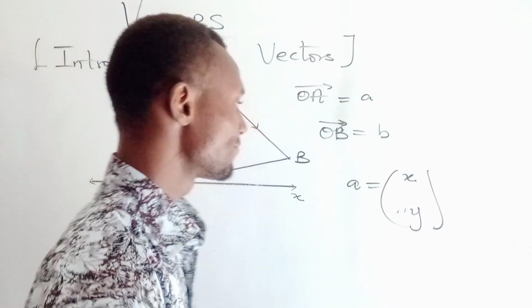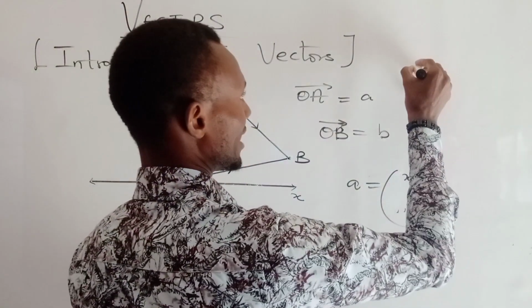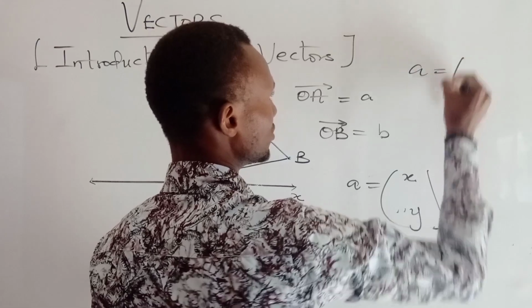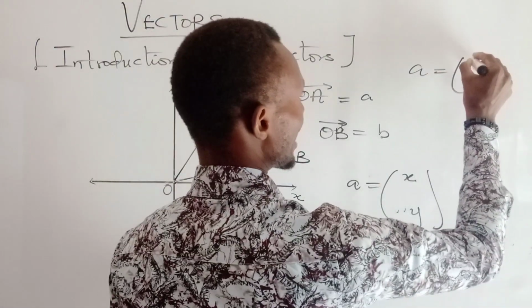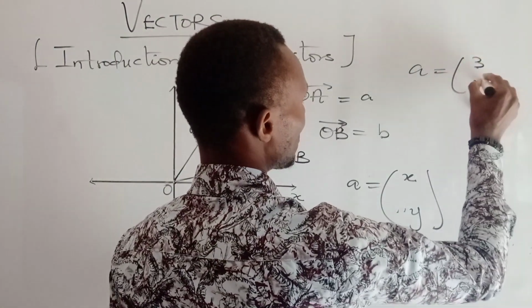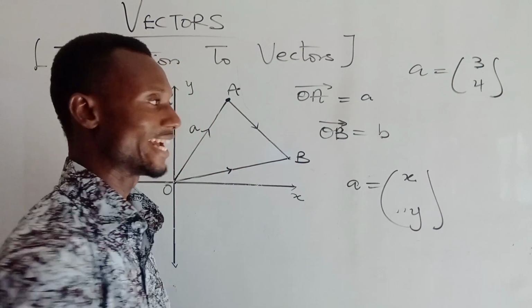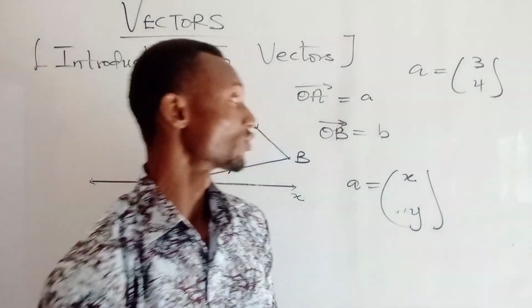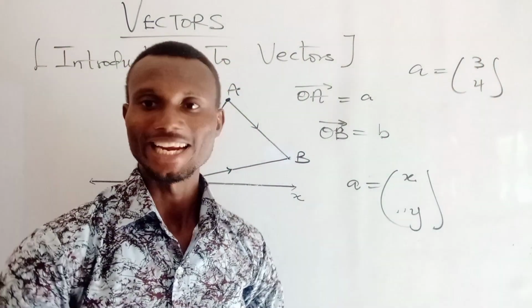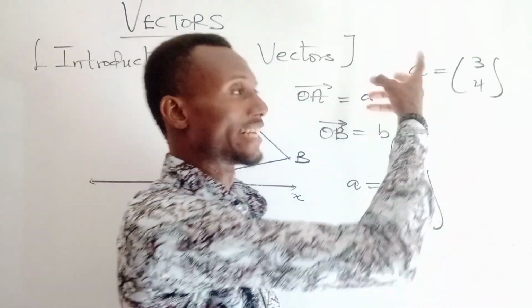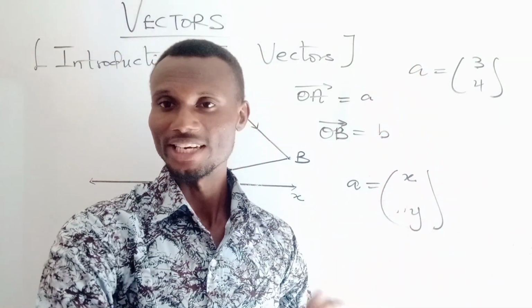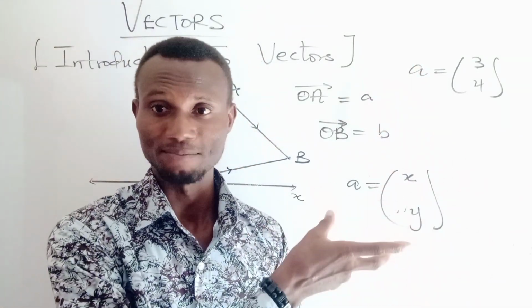So if I have, let's say, A equals to (3, 4), the 3 and the 4 are the components of the vector A. So that's the component or column form of a vector.